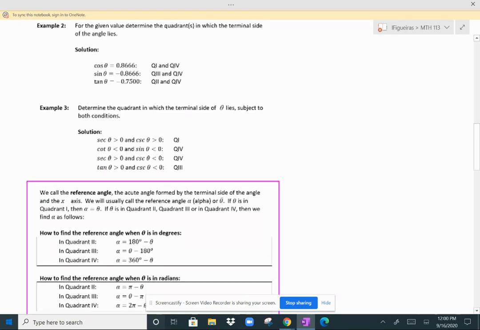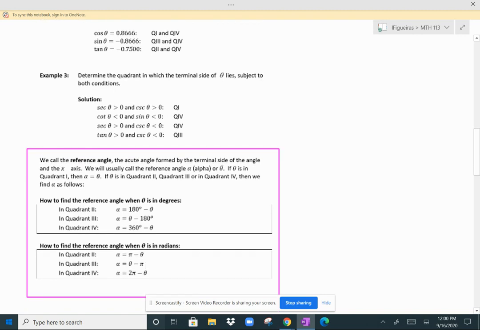All right, so here's an important concept, the concept of the reference angle, and this will be helpful to you. So we call the reference angle the acute angle formed by the terminal side of the angle and the x-axis. We usually call the reference angle alpha, or sometimes theta bar. I tend to use alpha more.